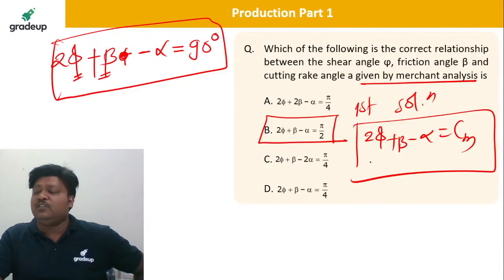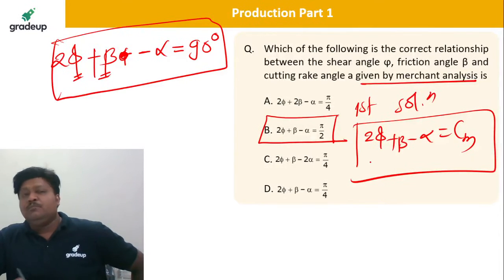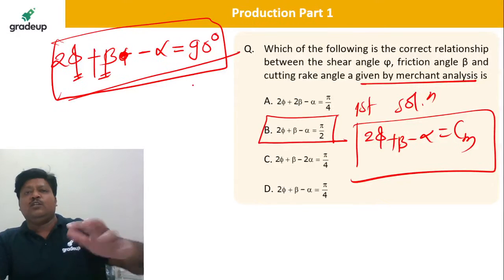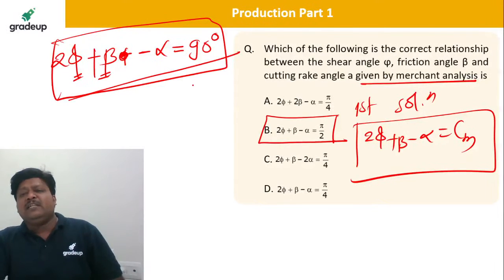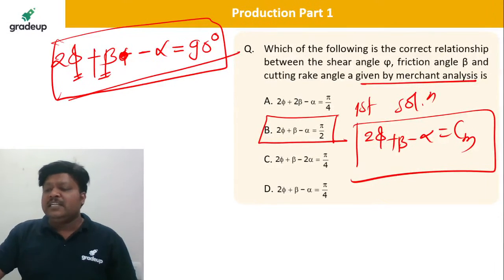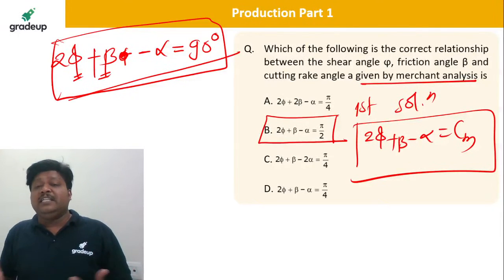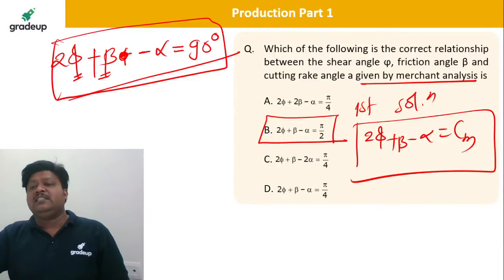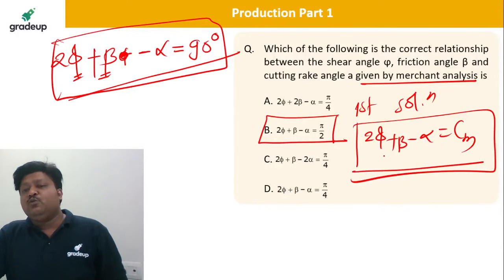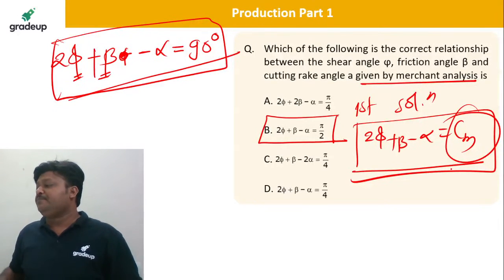The first solution is quite suitable for synthetic materials, but we are more interested in cutting harder materials like steel and ferrous materials. That is why he revised this theory and gave the second solution, that is 2 phi plus beta minus alpha is the machining constant Cm.